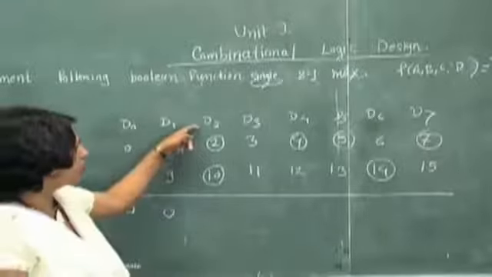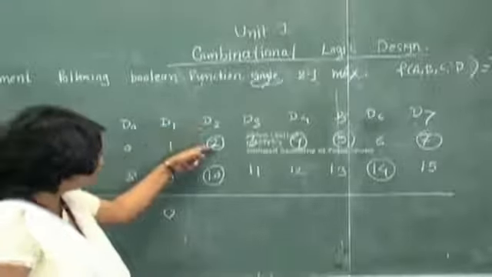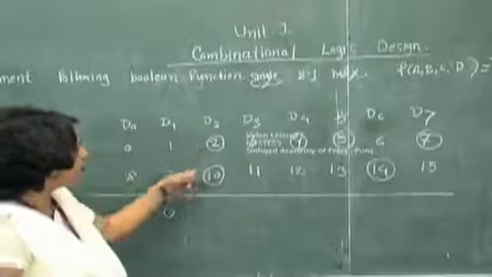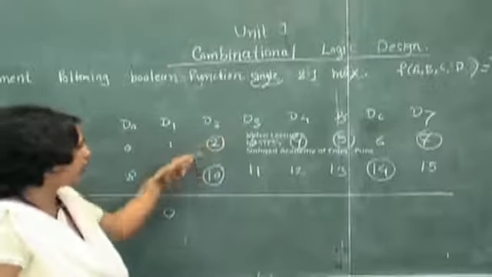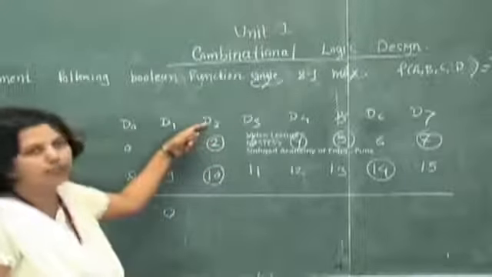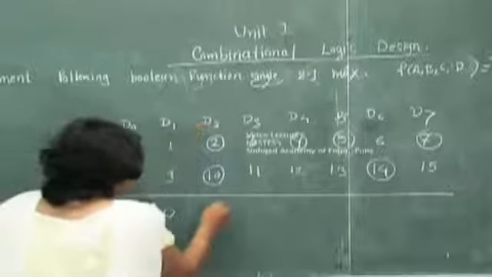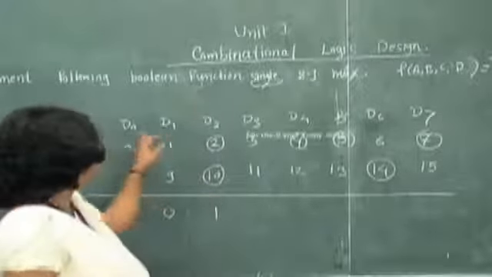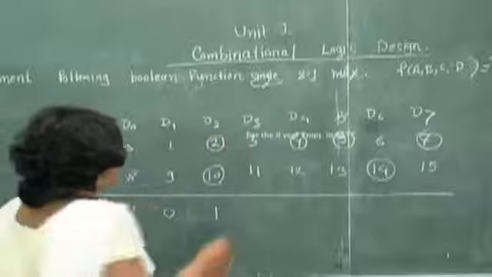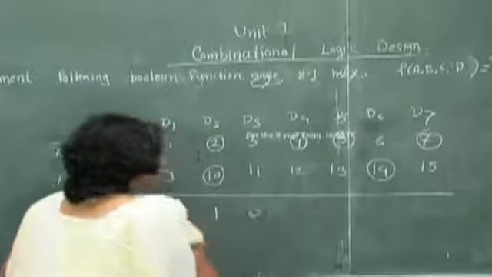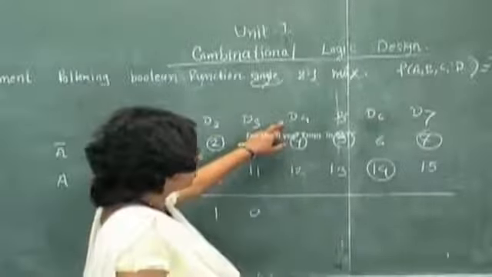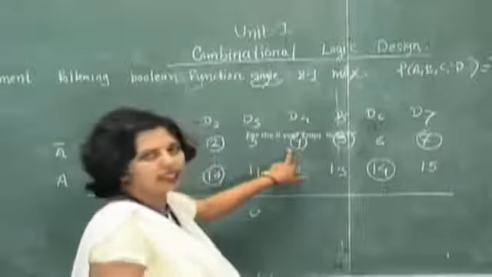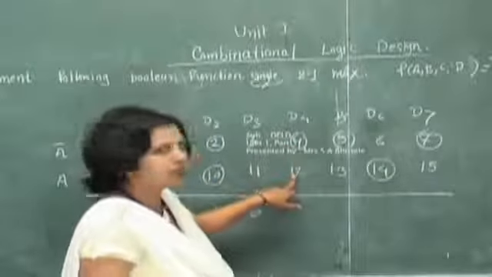Now if you see D2, for D2 the 2nd and 10th are both there. That means at both inputs the D2 line should be 1, so I am going to write 1 over here. Similar to D2, D3 will also have 1. Now at D4, only the 4th line is selected, but the 12th line is not selected.